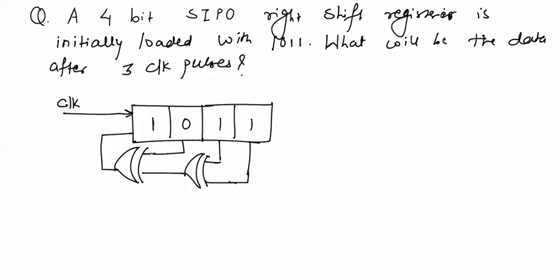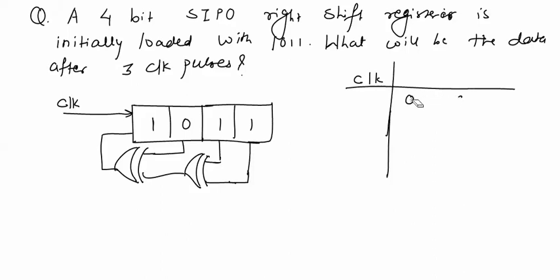Now we'll start the operation. Initially the data is 1011, and the clock pulse will be called 0. When we apply the first clock pulse, we will change the output or data of this shift register, but for that first we have to arrange this bit, whether it is 0 or 1.